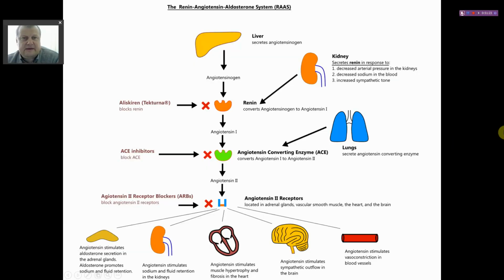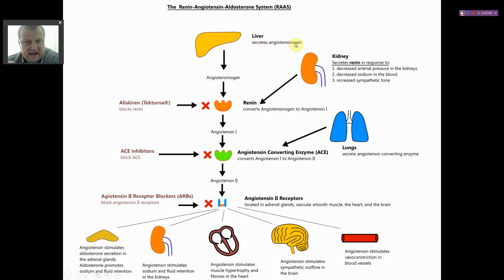And this big scheme illustrates the so-called renin-angiotensin-aldosterone system, RAS system. And this system conjugates together the action of some organs in the regulation of the aldosterone secretion and regulation of water and mineral balance. Okay, we have two organs, liver and kidney.